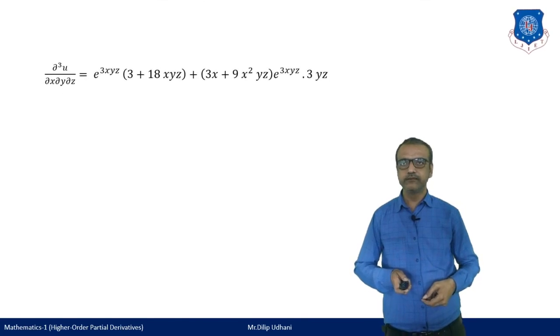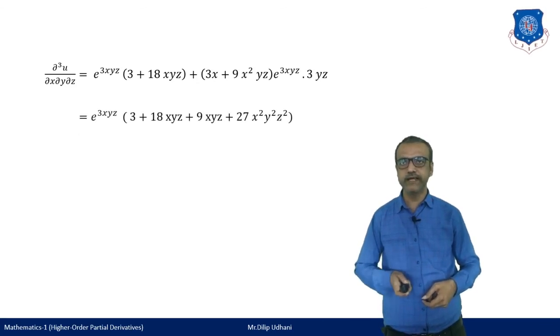So e raised to 3xyz as it is, multiplied by the derivative of the bracket partially with respect to x, and that is 3 plus 18xyz. Then plus the second bracket, 3x plus 9x square yz, which is constant, multiplied by the derivative of e raised to 3xyz partially with respect to x. So e raised to 3xyz will be the same, multiplied by the derivative of 3xyz with respect to x; the derivative of x is 1 and 3yz is constant.